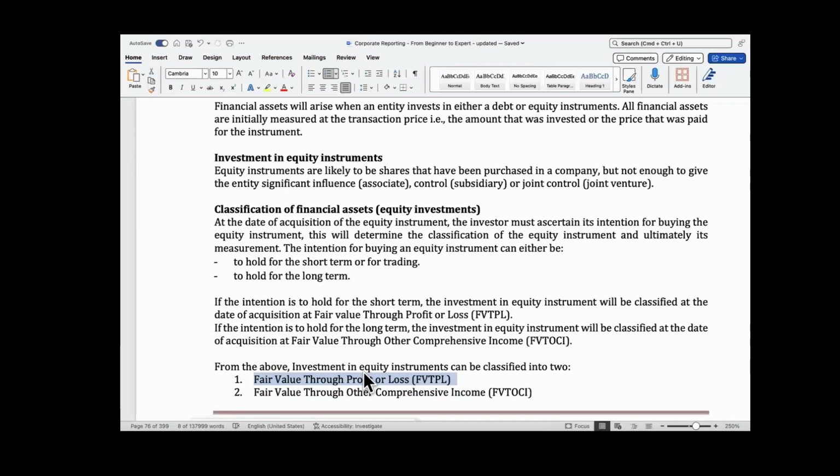Just like when some people bought shares of banks, a lot of people sold in January because they needed to pay school fees. Those ones did not just buy because they want to invest for the long term. They had that intention right from the beginning that I'm going to sell this.